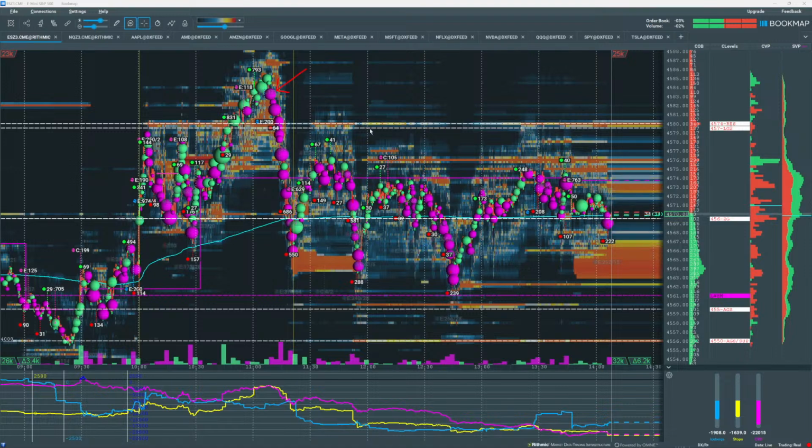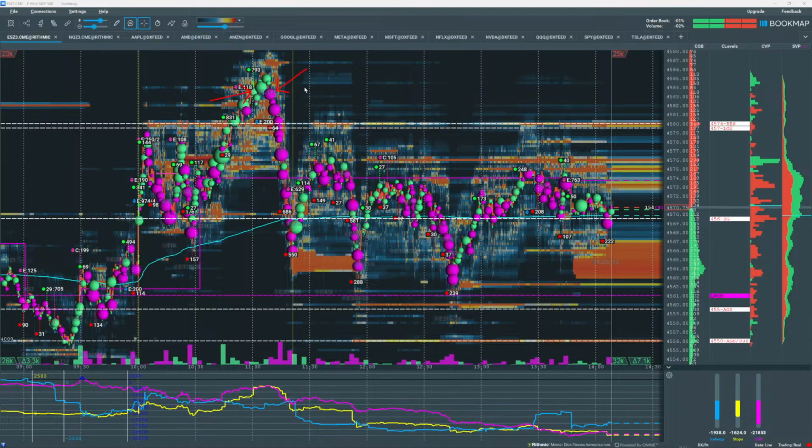And notice also the aggressive buyers on the way up, and then the shift in magenta volume dots, a lot of aggressive sellers coming in. And since then, the S&P 500 has oscillated up and down around the SPY 0 gamma level.